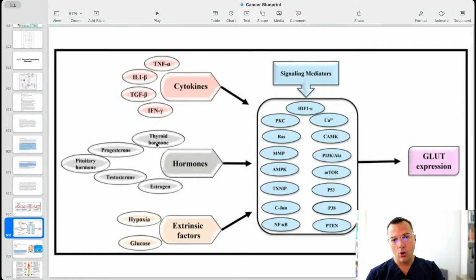And then hormones like thyroid hormone, progesterone, pituitary hormone, testosterone, estrogen, other hormones, they also work through different chemical signaling mediators, which then affect GLUT transport. And then, of course, there's hypoxia, glucose, and other extrinsic factors that can also affect this.